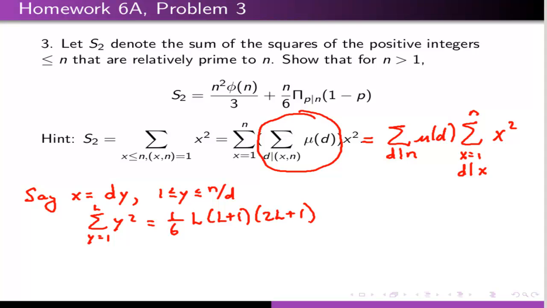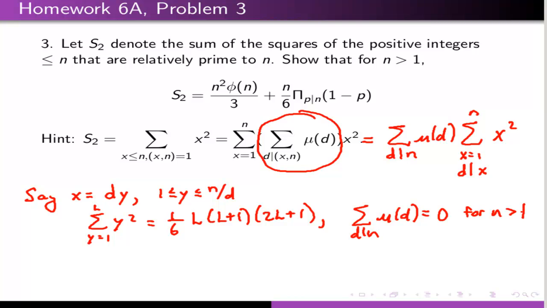So you're going to need that formula. You'll also run into this type of quantity again, and you know what that equals. That's the quantity that's equal to 0 unless n equals 1. So 0 for n bigger than 1.